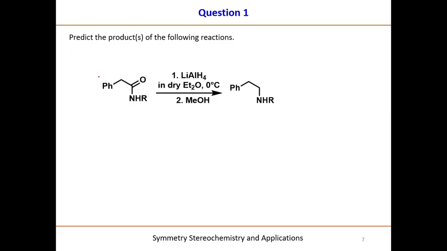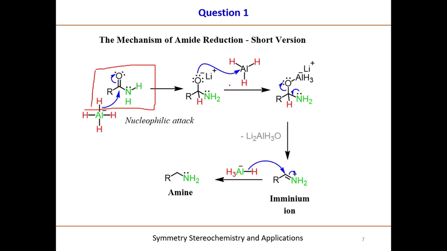This starting material is called an amide. Why is it called an amide? Because we have a carbonyl group attached to a nitrogen atom, a secondary amine. So this is an amide group. Amide is reduced by lithium aluminium hydride in dry diethyl ether, an extremely dry condition at 0 degrees, to give the corresponding amine. So how is this reaction taking place? Any guesses?